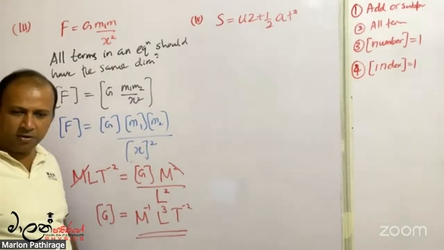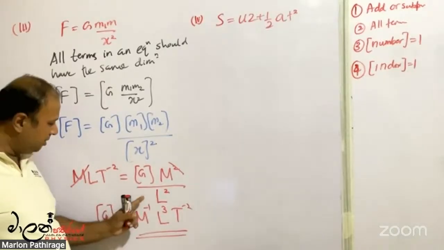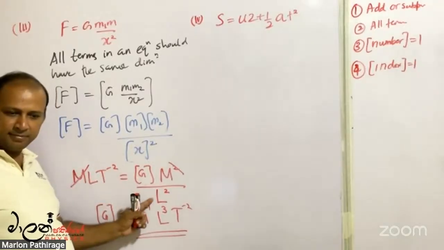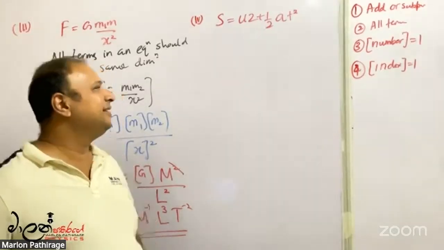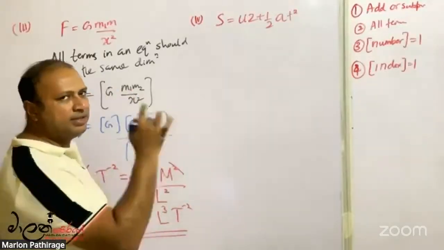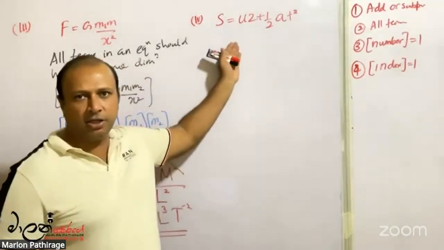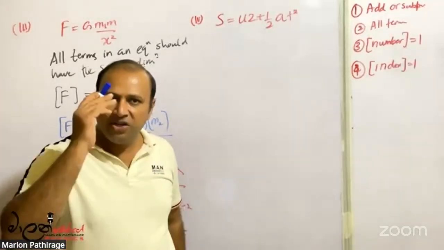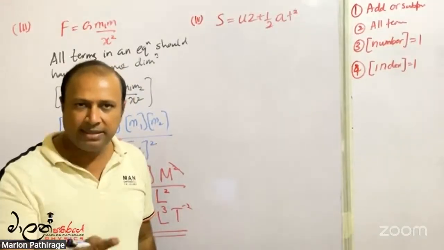Yeah, you have to multiply this one by this thing. Cross multiplication. Exactly. Now you can use the same argument. If this is an equation, all the terms in this equation should have the same dimension.